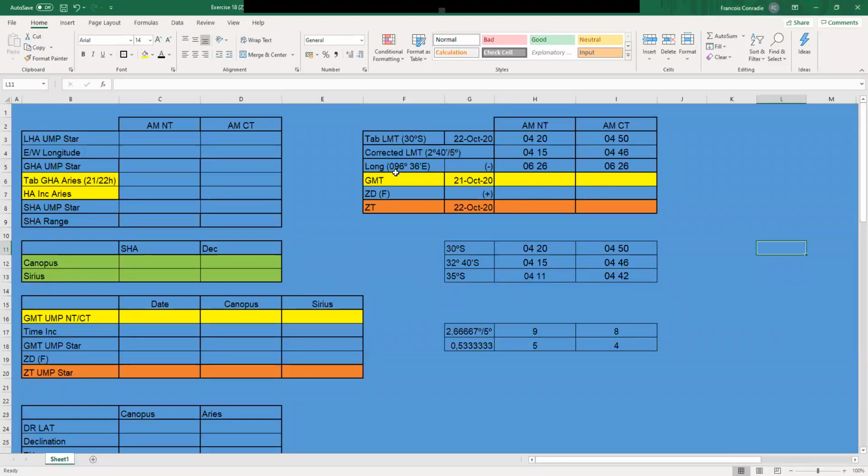Now our longitude is east. So we are east of Greenwich at 4:15. We're going back towards Greenwich, so that means we need to subtract. When you subtract 6:26 from 4:15 in the morning, you're going back into the previous day.